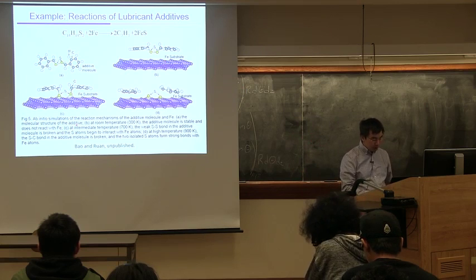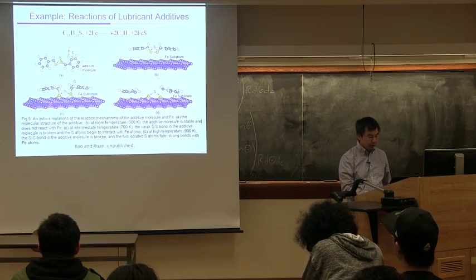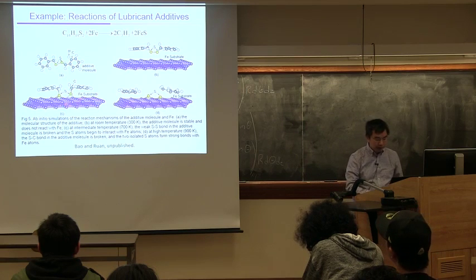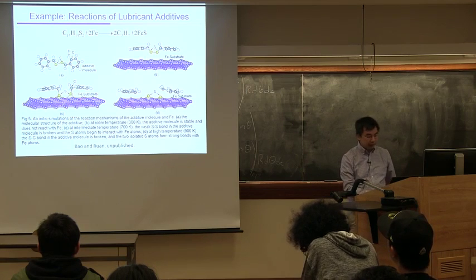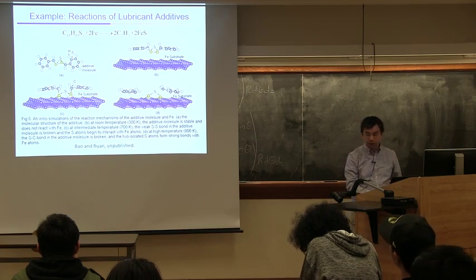When you increase the temperature to say 700 Kelvin, which is part C here, you can see that the molecule starts to react with the iron substrate. Specifically, the sulfur atoms form bonds, but they still have bonds with the other parts of the molecule, so it's not totally broken yet.